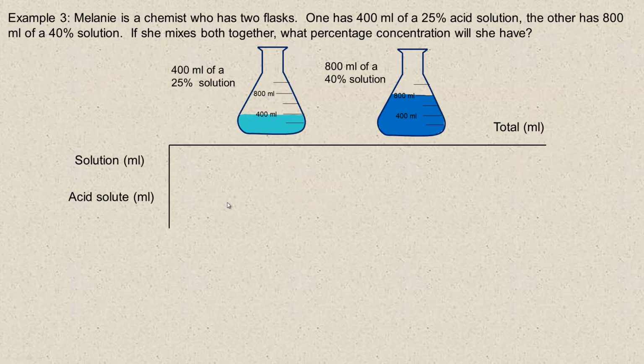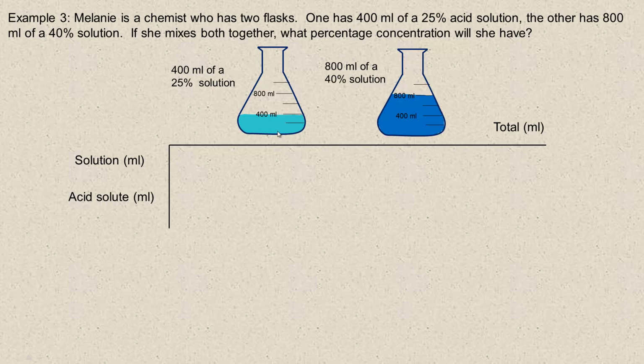One more example. Melanie is a chemist who has 2 flasks, and one of them has 400 milliliters of a 25% acid solution, and the other has 800 milliliters of a 40% acid solution. So there's different concentrations in each one. If she mixes both together, what percentage concentration will she have?